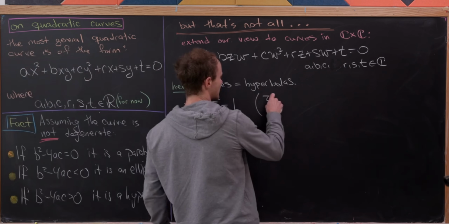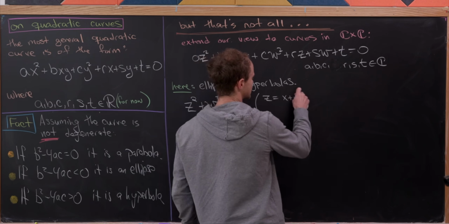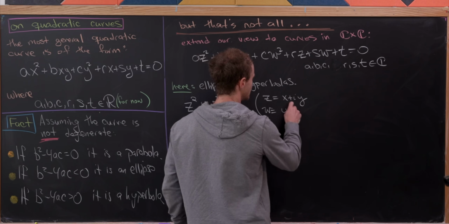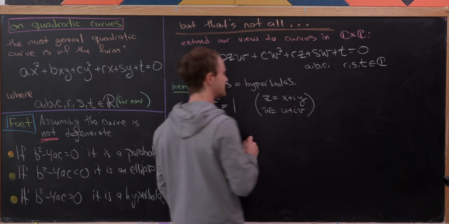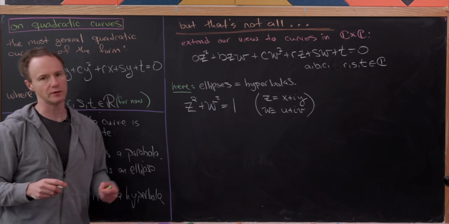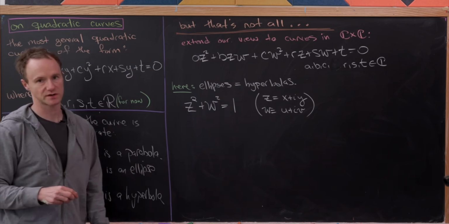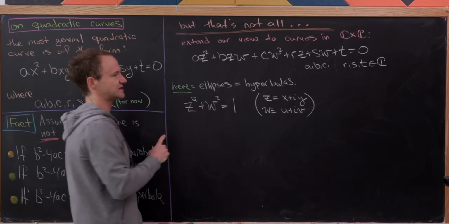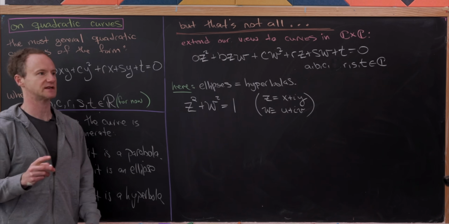So let's write over here that z is equal to x plus iy, and w is equal to u plus iv. So x and y are the real and imaginary parts of z, and u and v are the real and imaginary parts of w.